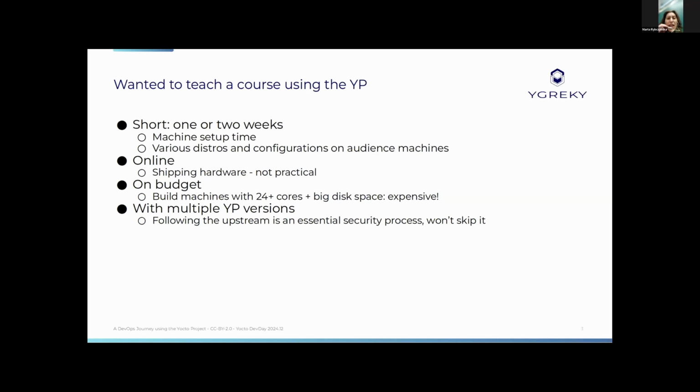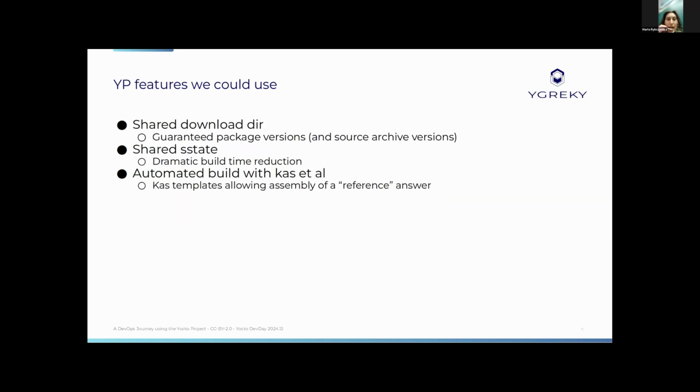So then we had a look at what is there in the Yocto project. And the obvious choices were the shared download directory because we did want to have a limited download, and the shared state because we know that the build time could be really dramatic.